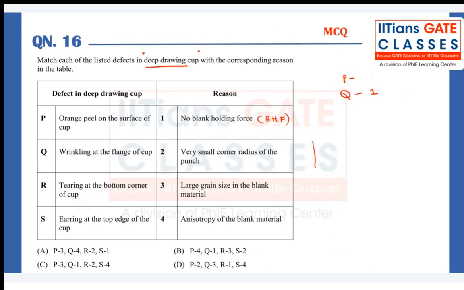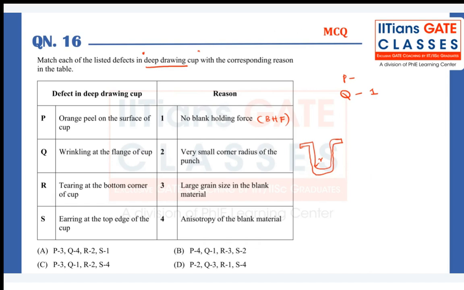That means whenever the cup is like this, cracks are going to be formed whenever you are not providing, or provide a very small, corner radius. That leads to tearing at the bottom corner of the cup. So cracks are produced because of the small corner radius. Clear everybody? Clear everybody?